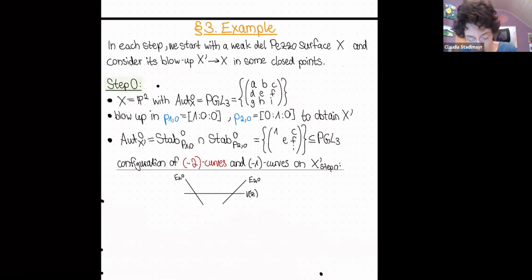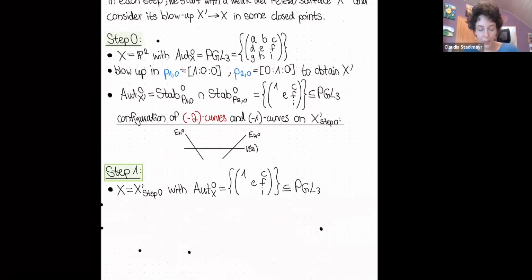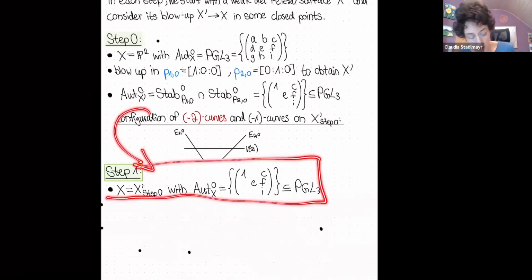And maybe I should remark here, this is not only a weak del Pezzo surface, but even a strong or honest del Pezzo surface, since there are only -1 curves occurring and no -2 curves. Okay, step 1, we take our previous weak del Pezzo surface to be the one we start with in this step.